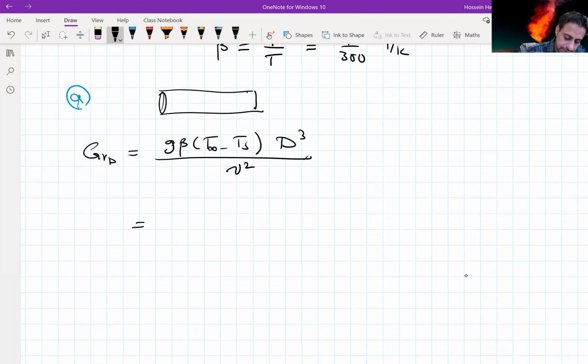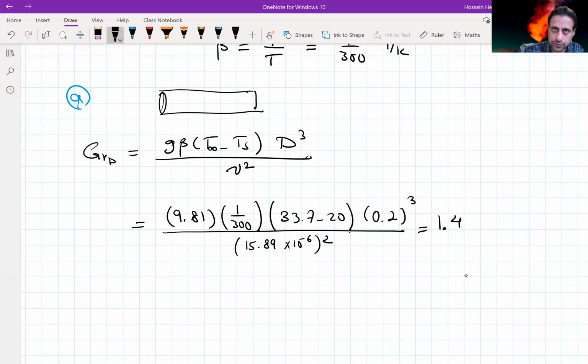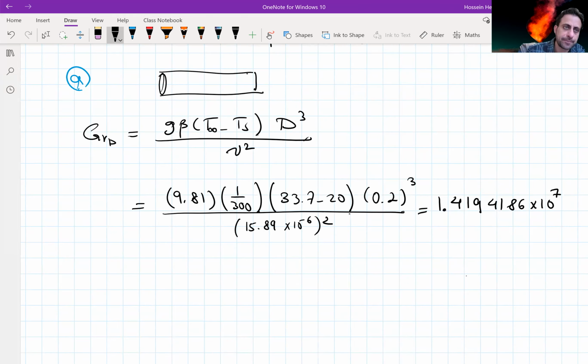So would be 9.81, beta is 1 over 300, 33.7 minus 20, D is 0.2 to the power of 3 divided by 15.89 times 10 to the minus 6 squared. So we would get 1.4194186 times 10 to the power 7.